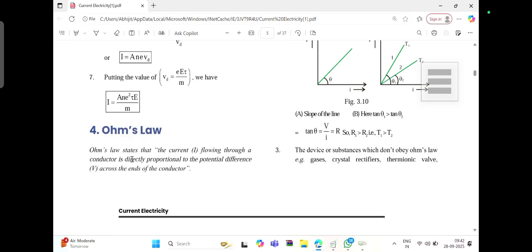Ohm's law states that the current I flowing through a conductor is directly proportional to the potential difference across the ends of the conductor when temperature is constant and the other physical things are also constant.